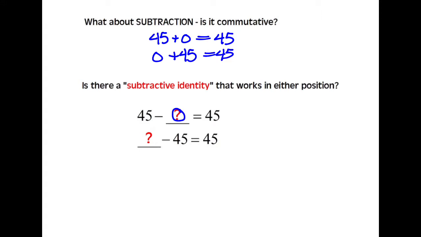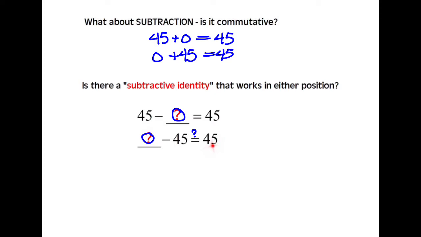What about the second one? Is 0 minus 45 equal to 45? And it isn't. If you start with 0 of something and you subtract 45 from it, so let's say you didn't have any money and you spent $45 on something, you wouldn't all of a sudden have $45. You would be in the hole $45, wouldn't you?